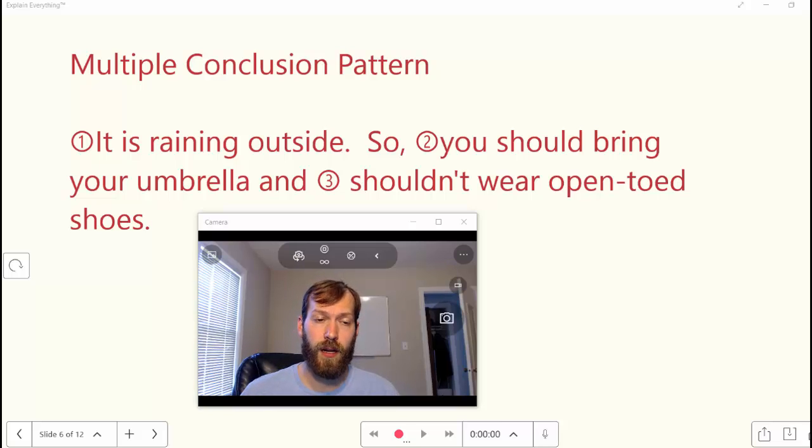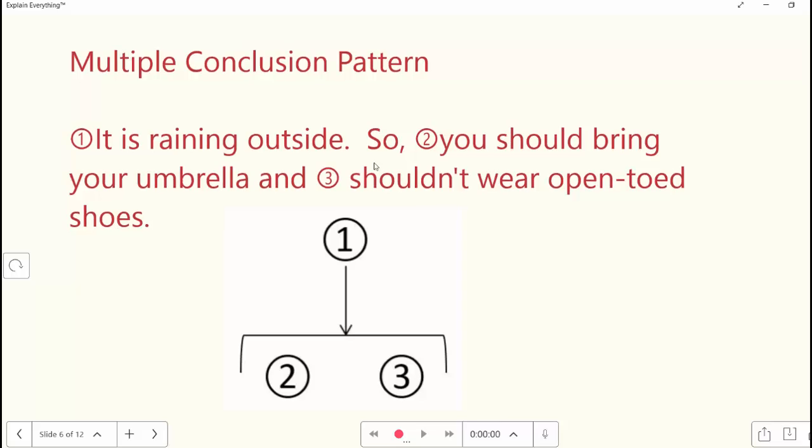So here, just to give you an example, we have: it is raining outside, so you should bring your umbrella and shouldn't wear open-toed shoes. So the conclusion indicator should jump out to you. So we know that what's coming after here is supposed to be a conclusion.